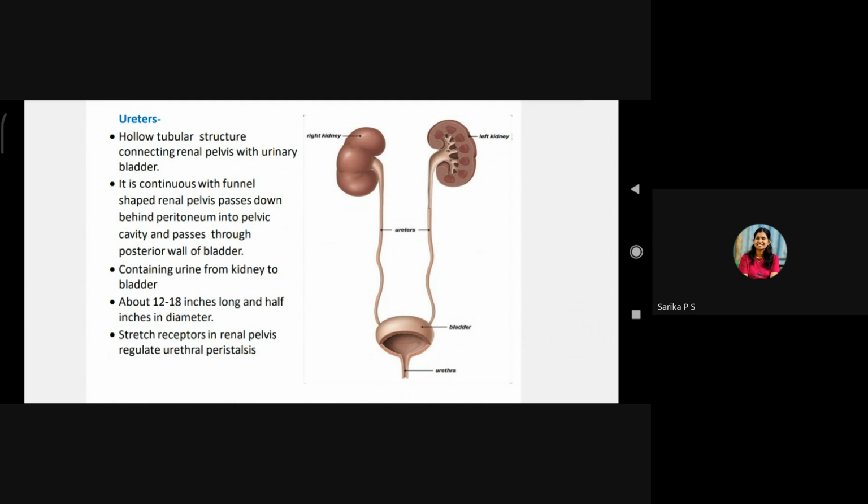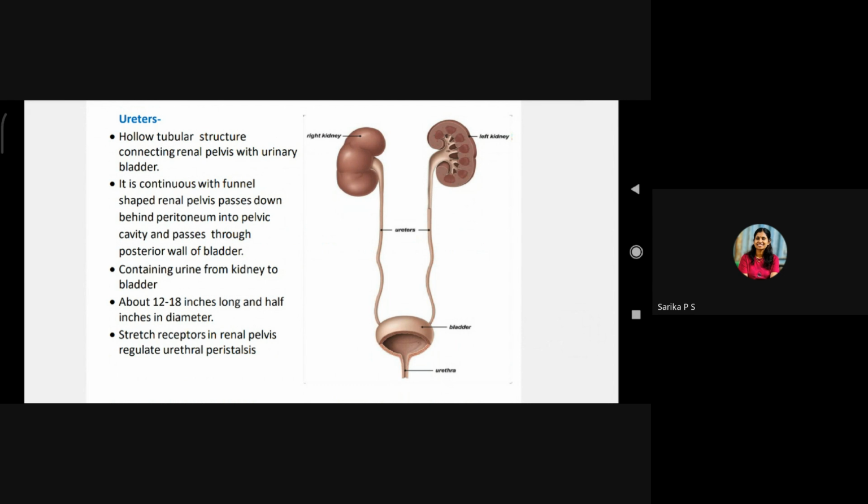As we all know, the kidney is located somewhat at the back, behind the peritoneum, right? And the bladder is located comparatively more to the front of the kidneys. That is why the ureters connect to the bladder from the backside.